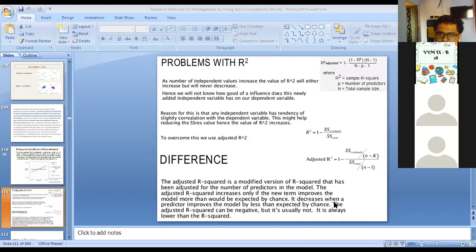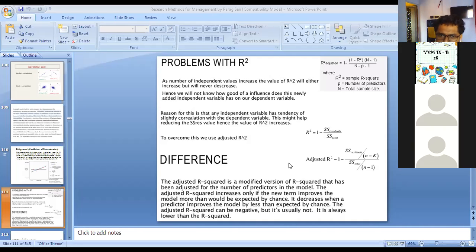So that's why the concept of adjusted R square has come. The value of R square is influenced by the sample size, but the value of adjusted R square is not influenced by the sample size.